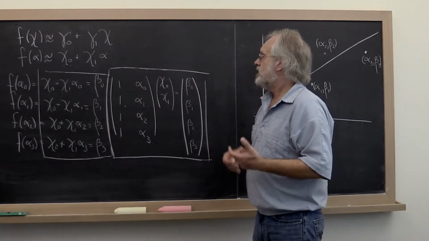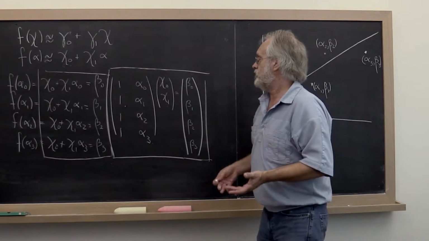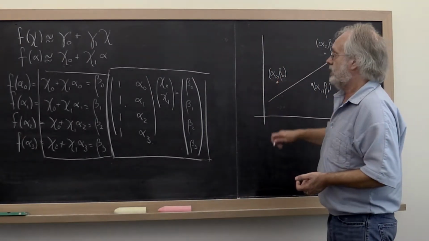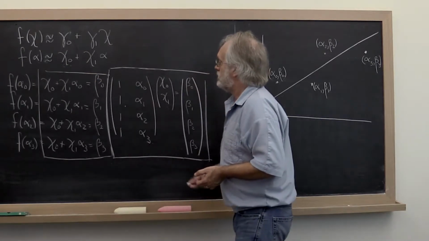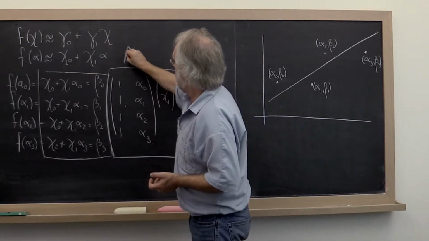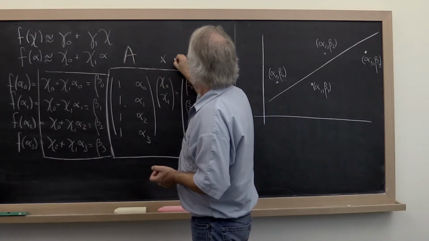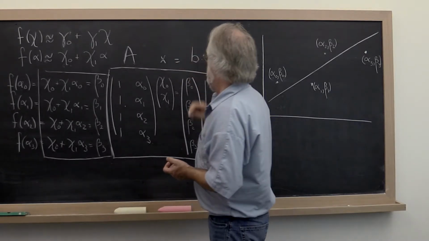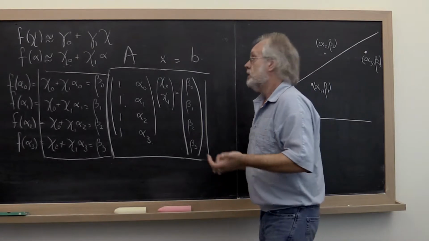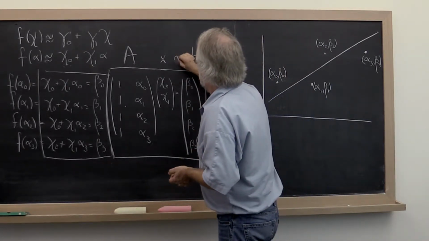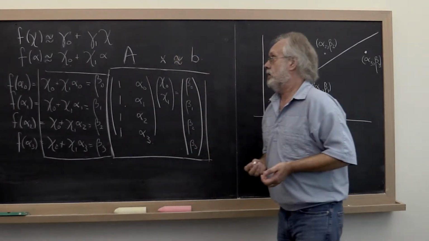And now it becomes clear why we chose alpha and beta here and why we chose chi for our coefficients, because now we can label this as A, we can label this as x, and we can label this as b. And ideally we would exactly solve this, but what we notice is that we can only approximately solve this.